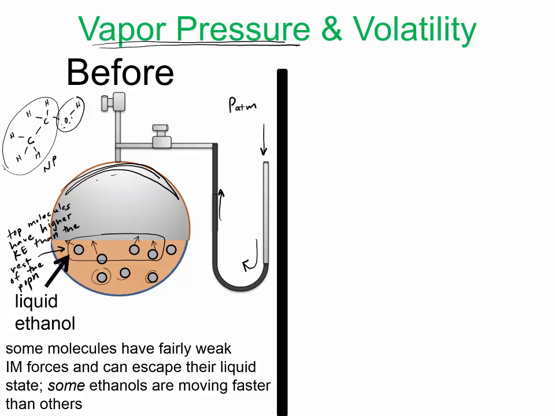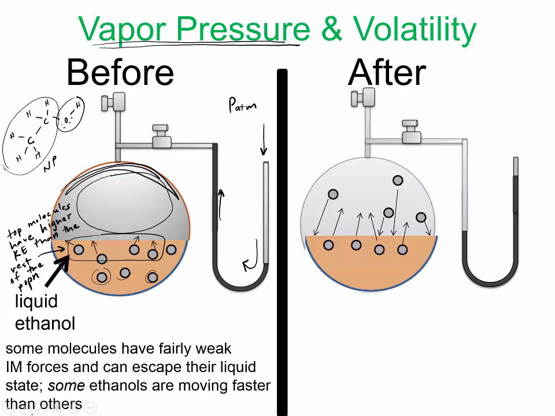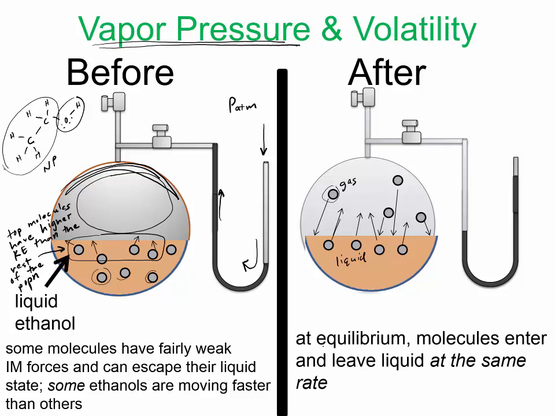On the next picture over here, you'll see some molecules fly into the top. Some of these have escaped and become gas, so these are gas and these are liquid. Here's the technical definition: vapor pressure means it's at equilibrium.